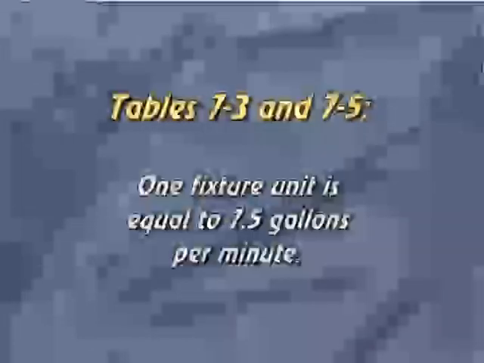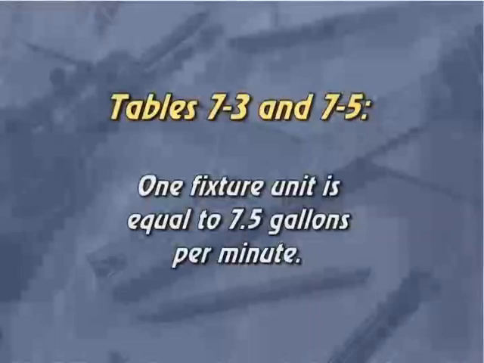And that's simply a measure of how much water is going through the system. So if you take a bucket that has 7.5 gallons in it and you pour it into a fixture and it takes about a minute to go through, that would be a 1 fixture unit. And again, that's equal to 7.5 gallons per minute.